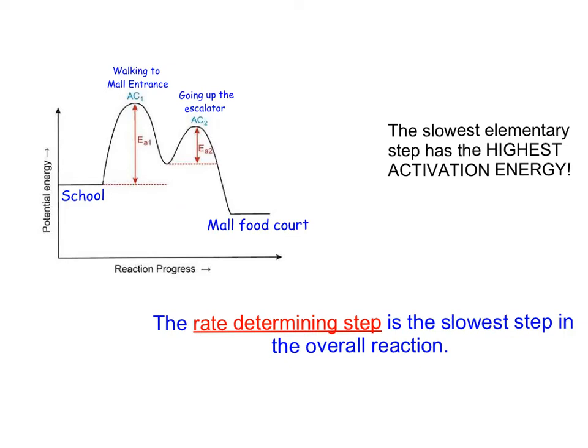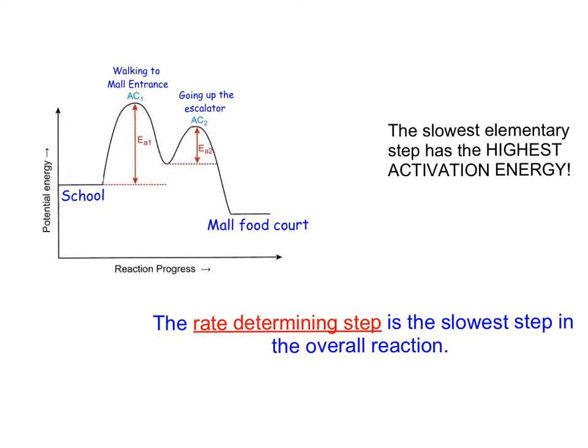In a reaction that has multiple steps, the step that is going to determine the rate that that reaction proceeds is going to be the slowest of the steps. So if you want another real world example, if you wanted to walk from the school to the food court over at the mall, you could break that into two little journeys, two different pieces. First, you walk to the mall, and then you go up the escalator, because the food court at the mall is on the second floor.